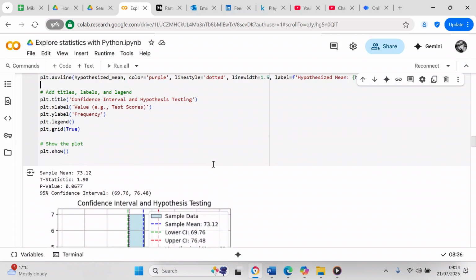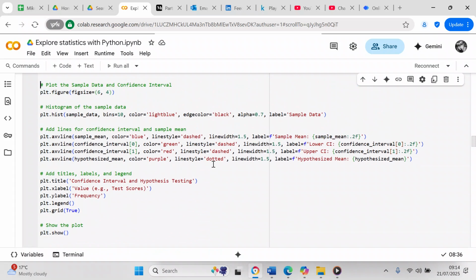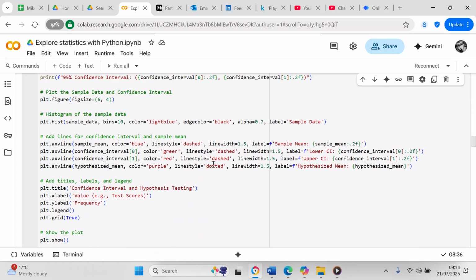That means there's no significant difference between the true mean and the hypothesized mean. Now we're going to plot it onto a graph. plt.figure, brackets, figsize equals 6, 4.